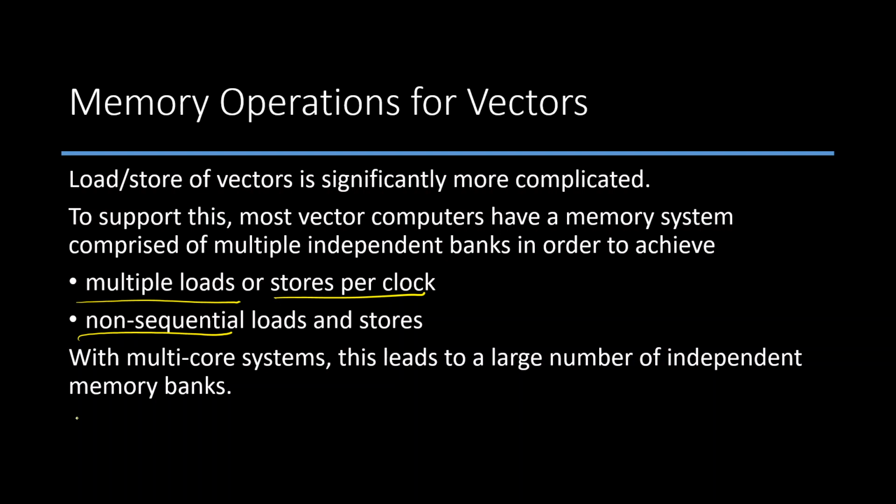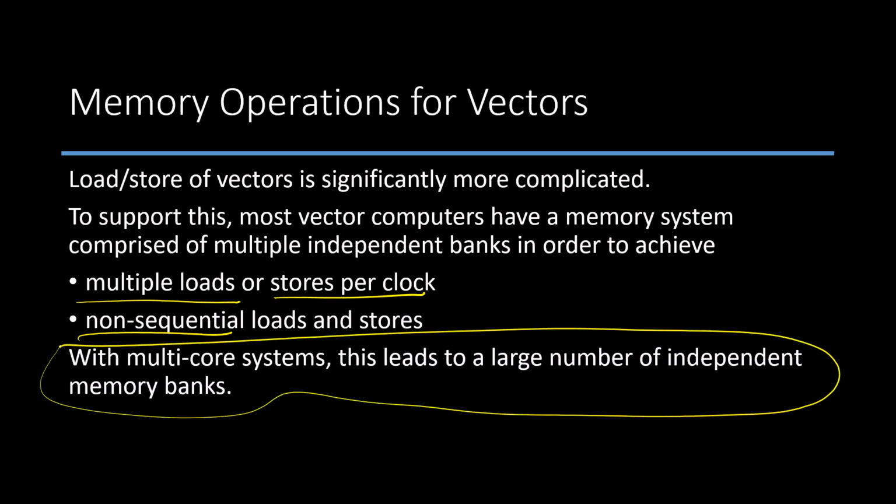But what we're going to end up with is a great application for all those extra transistors that Moore gave us in Moore's law. And we're going to create these memory systems that are going to allow us to do large blocks of data back and forth between the cache and the registers, or the cache and memory, in order to support vector operations.